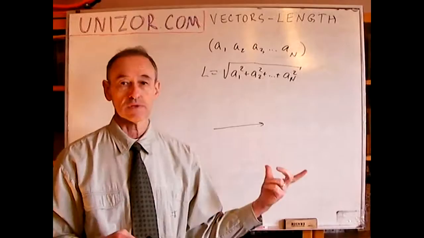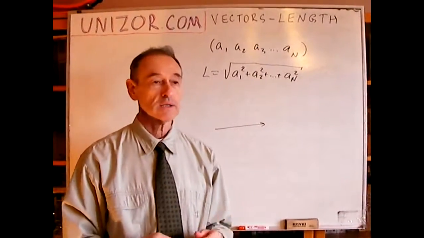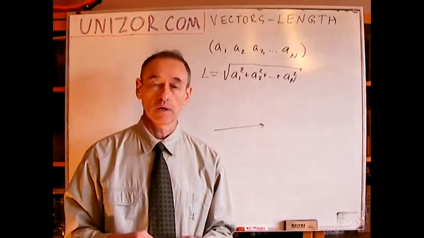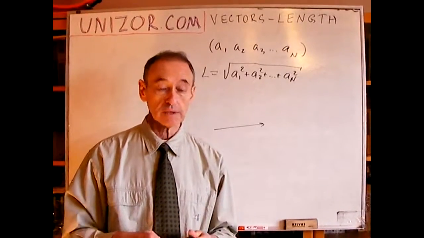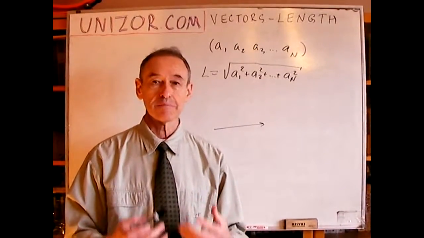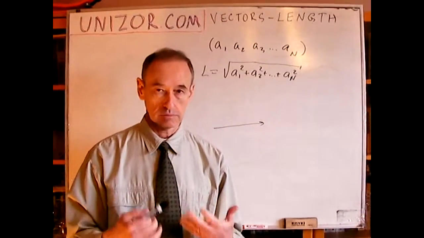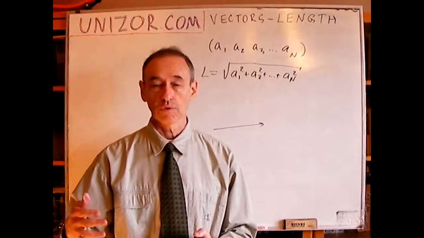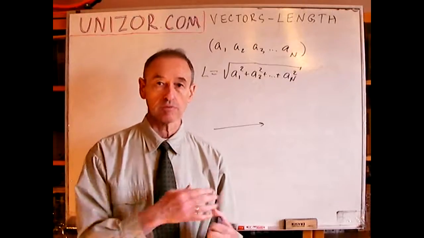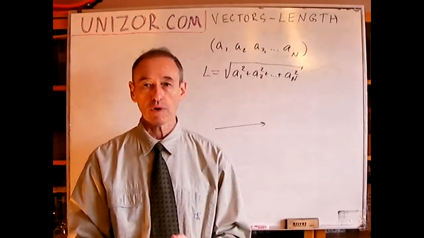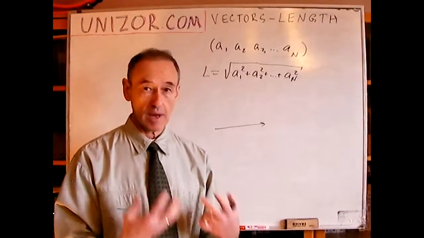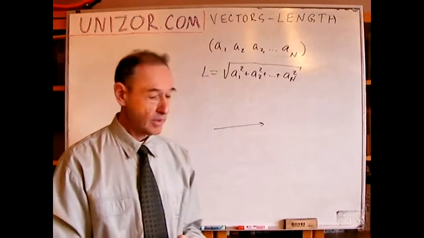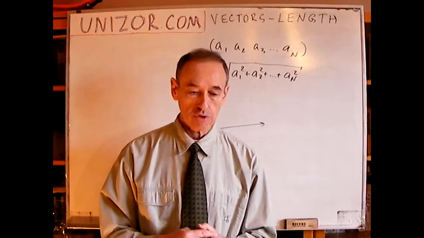You can just measure the length of the segment geometrically, or in case it's represented as a tuple, then something like this would be the formula to represent the length of the vector, which means we know what is the magnitude of this particular vector, what is the magnitude of the certain physical or real object this vector represents, whether it's a speed or a force or anything like this. This is the strength of the force or the real speed of the velocity. Okay, so this is a preliminary lecture about the lengths.